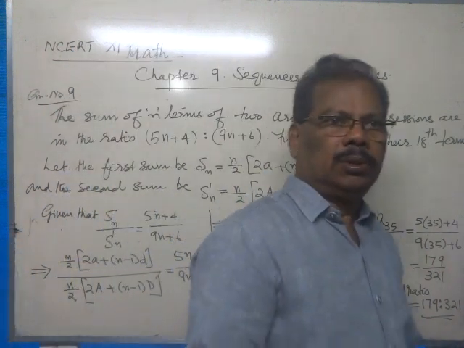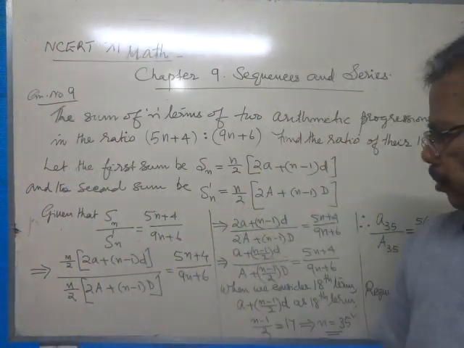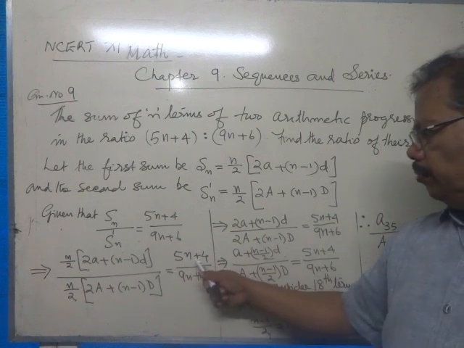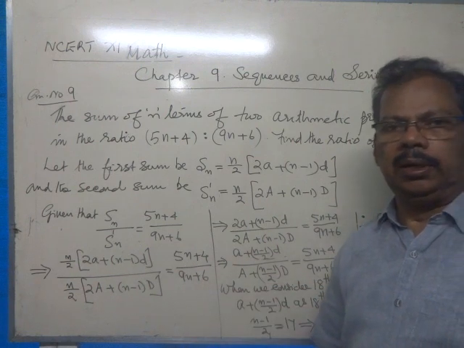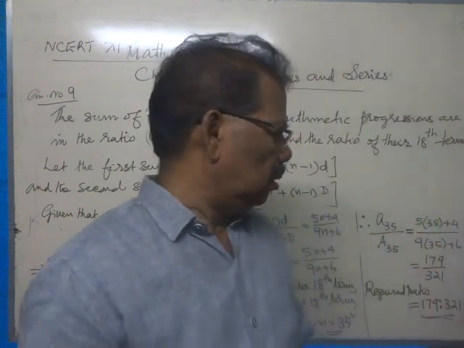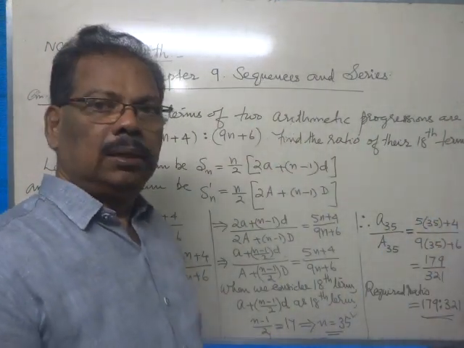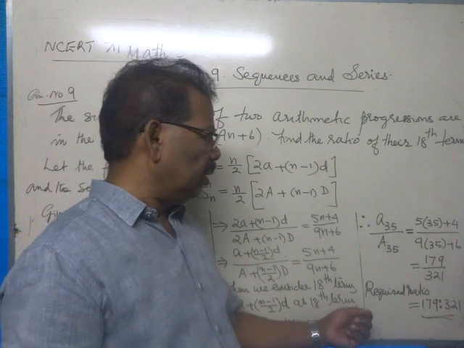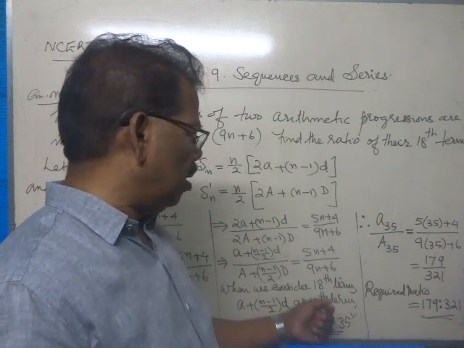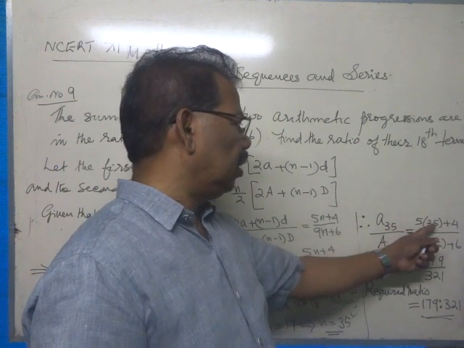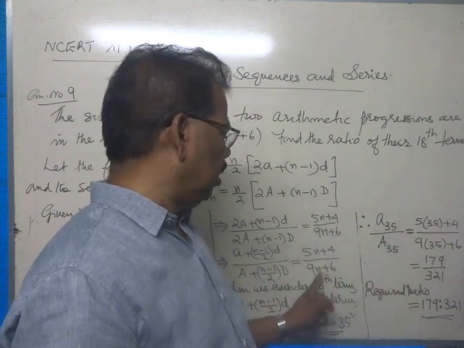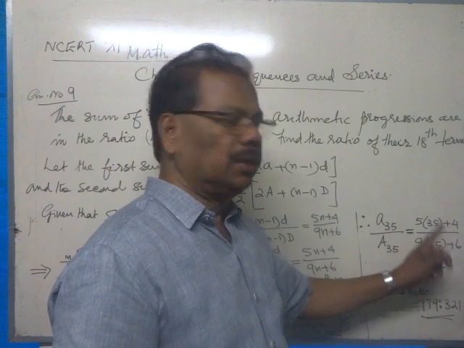We are asked to find out the ratio. The ratio is given as 5n plus 4 by 9n plus 6. Therefore, for obtaining the correct figure, we need to replace n by 35. That is 5 into 35 plus 4 divided by 9 into 35 plus 6.